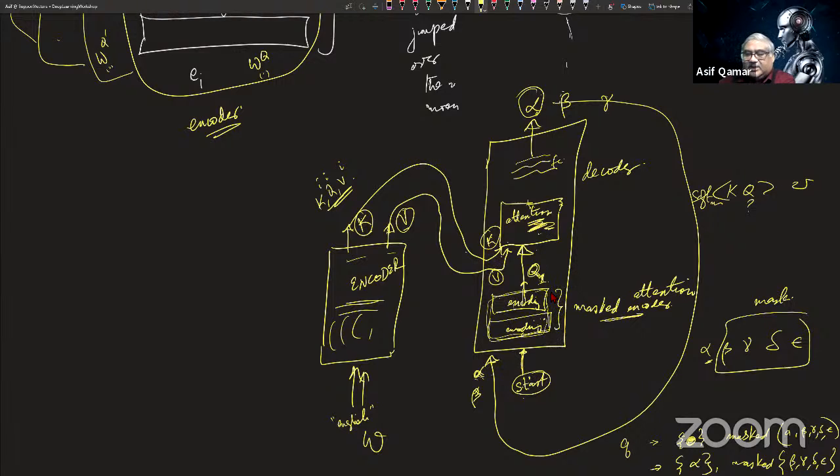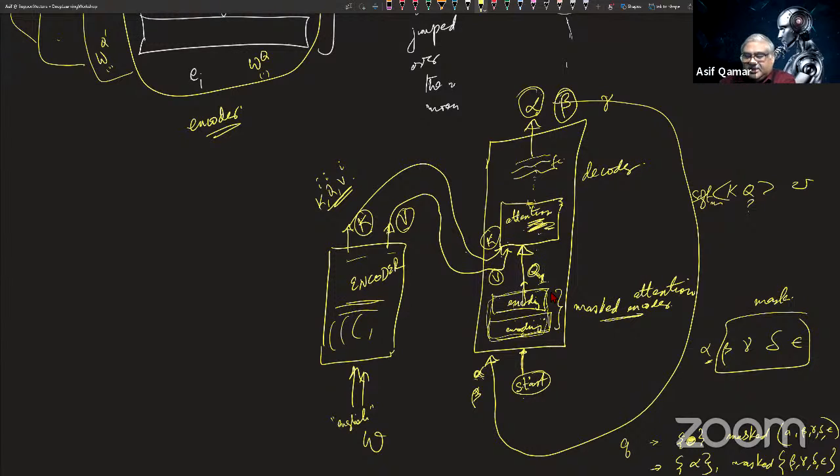Alpha goes in, meets the K and V coming from the encoder, which are constant at this moment. The attention layers do their attention business and ultimately point to a new Spanish word, beta. So beta gets produced.